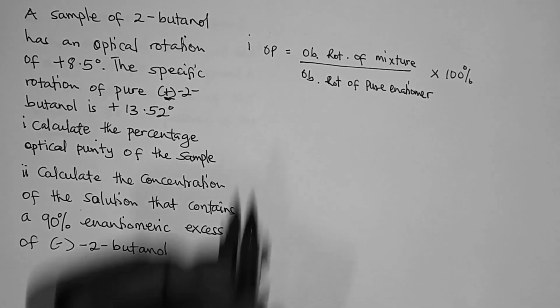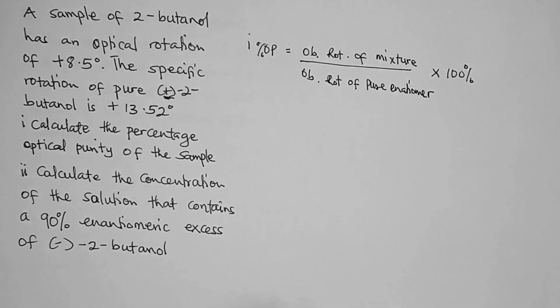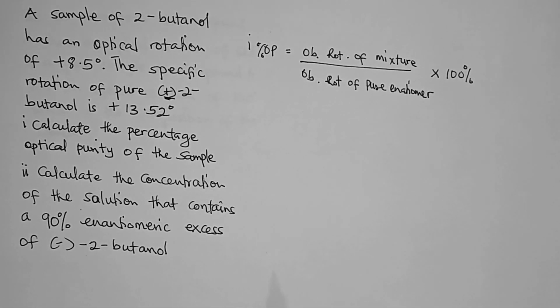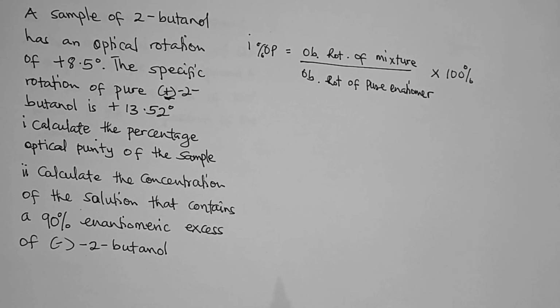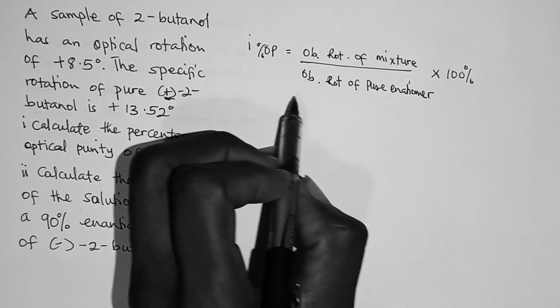So optical purity is measured in percentage. This is the formula for calculating the optical purity of the sample in the first instance.